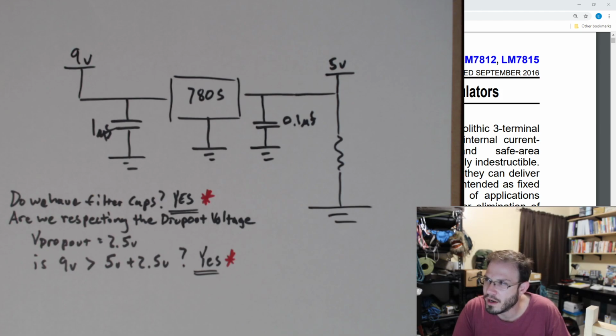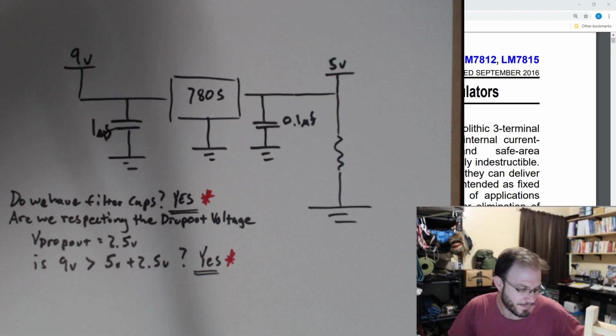Do I need more information to be able to tell you how much current is actually going through the 7805, through the load, and through ground? Yes. Okay. I need some info here.